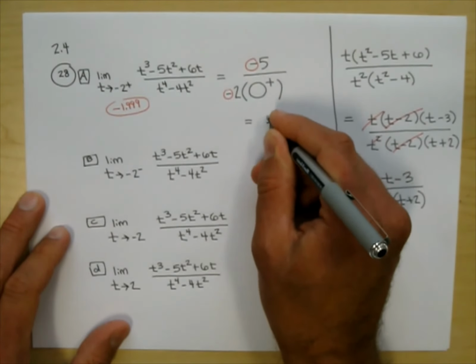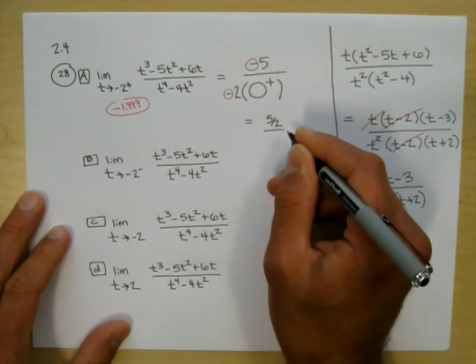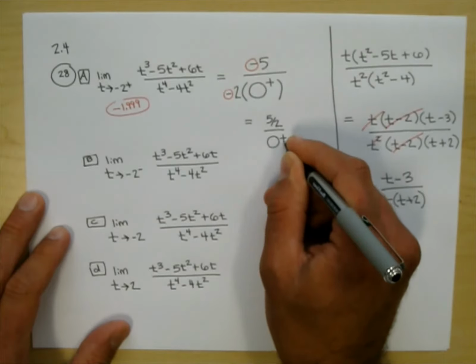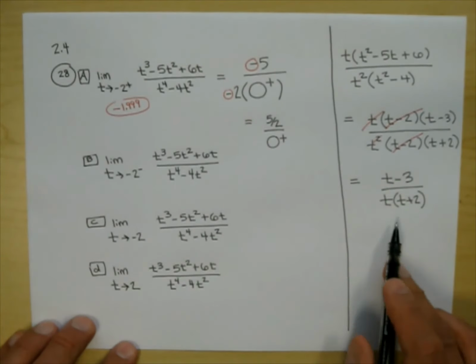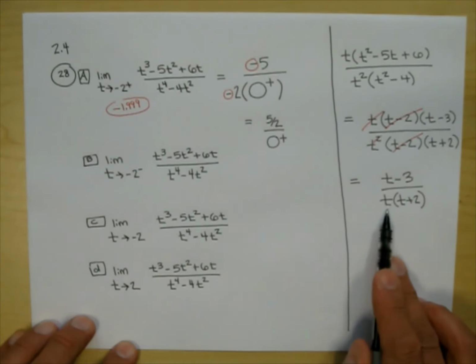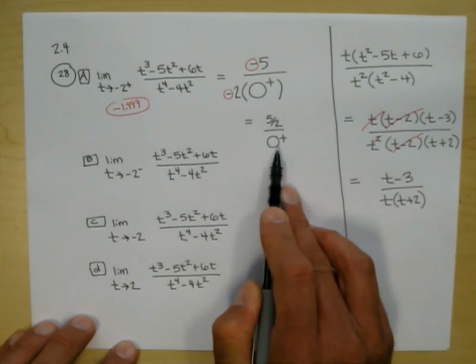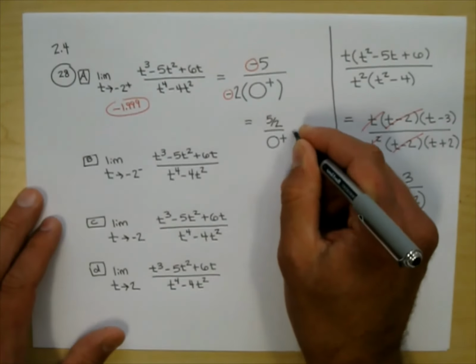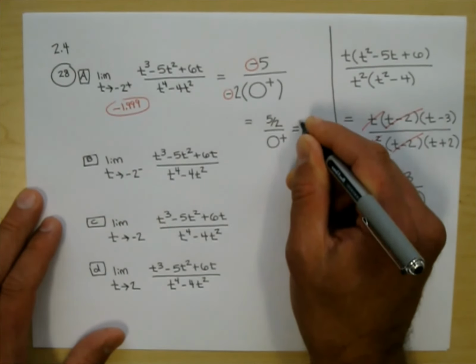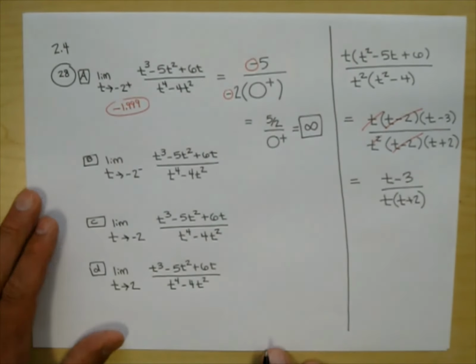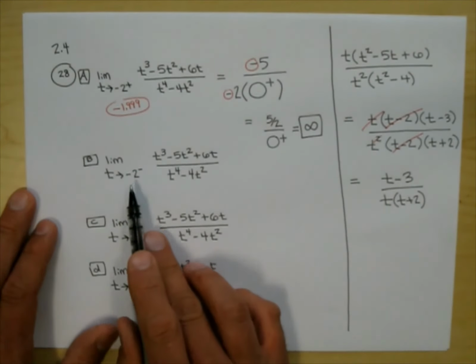You have like 5 halves, and you could just put that on the top, over a very small positive number. So it was reckless of me to just ignore that extra t. Okay, I admit that I was reckless. And so we have 5 halves over a very, very small positive number, which gives us infinity. I'll be a little less reckless on the next one.